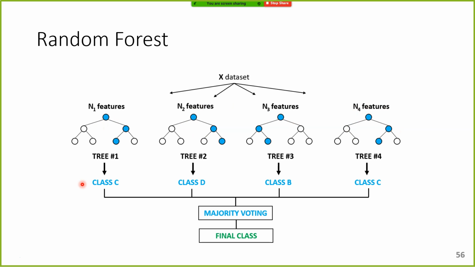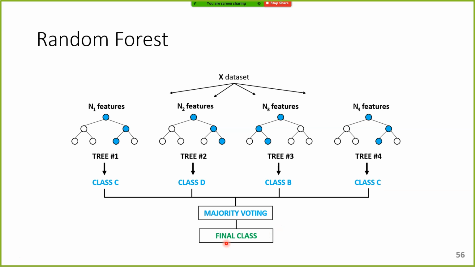Suppose we have four different classes like A, B, C, D, and one decision tree results in class C, another says the input data belongs to class D, another says class B, and another says class C. Then we go for majority voting, and as you can see, class C appeared two times. So we say the final class is class C.